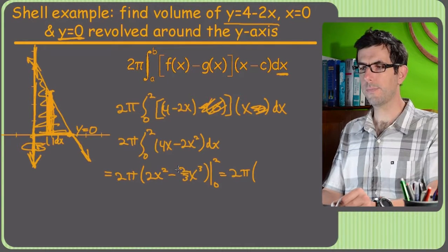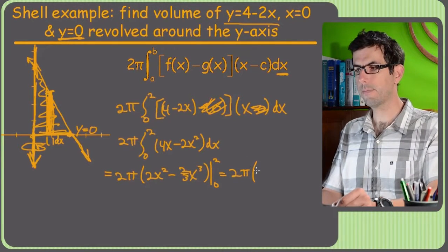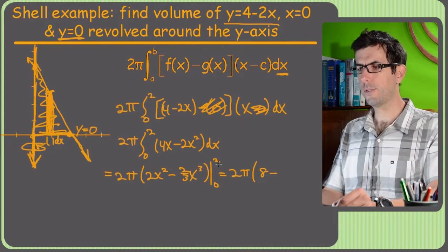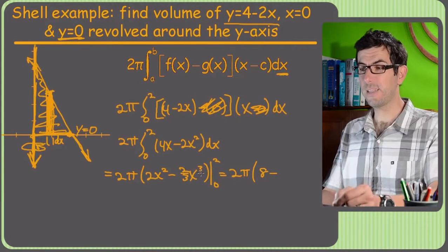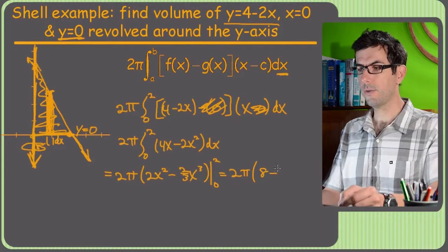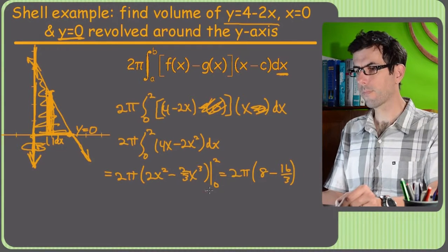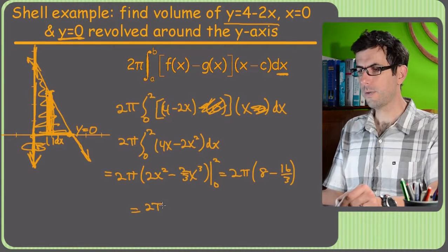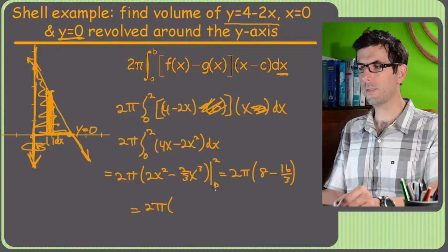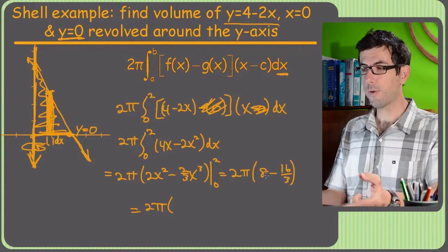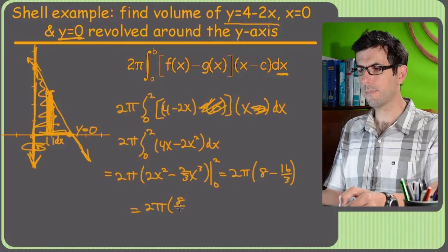All right, plug in 2. You got 2 times 4 is 8. And then 2 cubed is 8 times 2 is 16. So minus 16/3. So that's 2 pi times 24/3 minus 16/3 is 8/3, for a total of 16 pi.